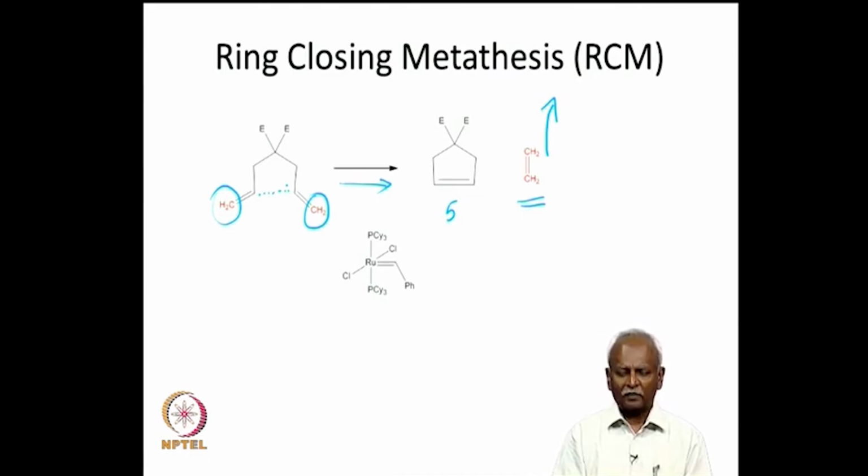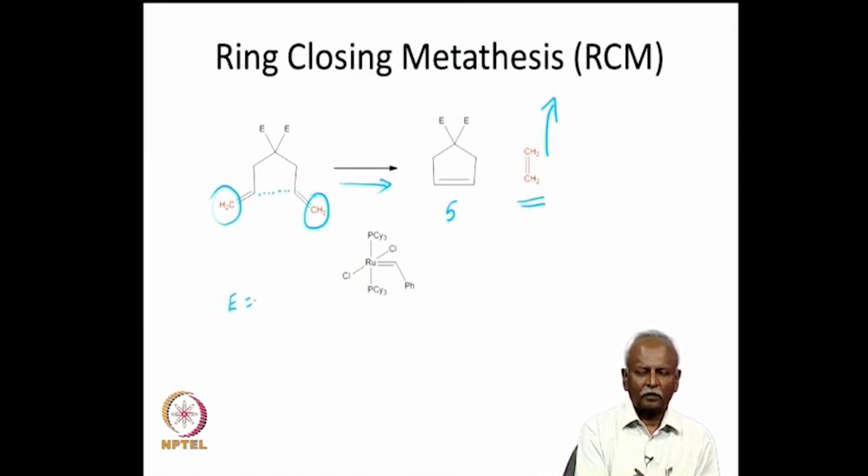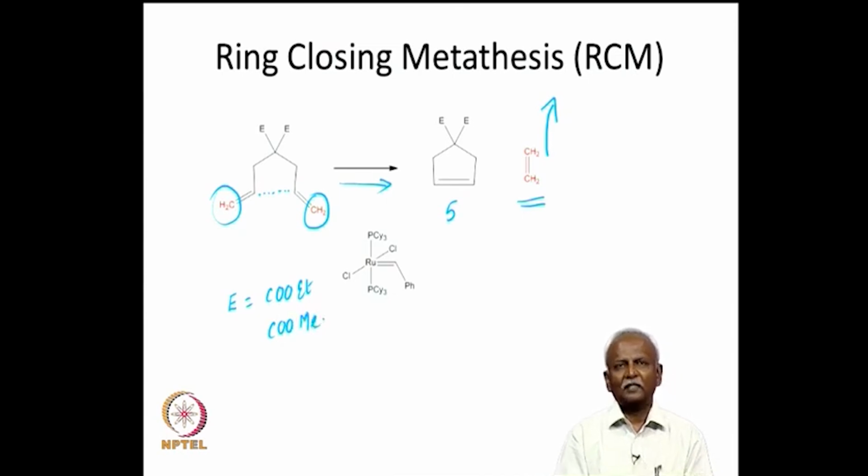So, Grubbs first generation catalyst is convenient for carrying out these types of reactions, and you will notice that E is actually an electron withdrawing group, and very often it is COOEt or COOMe. You will recognize this as a species coming from a dialkylation of diethyl malonate.